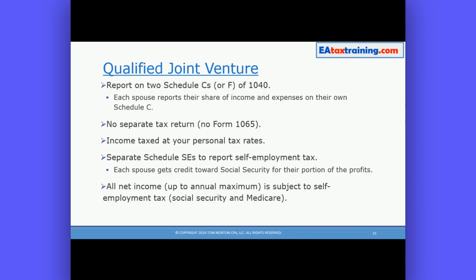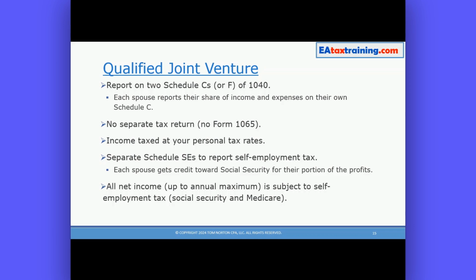If they have a positive income from the business, then they will owe self-employment tax. And then they will file separate Schedule SEs as well. So they'll have two Schedule Cs for the business, and they will have two Schedule SEs for the business. And so what this does is, again, self-employment tax is about Social Security and Medicare.